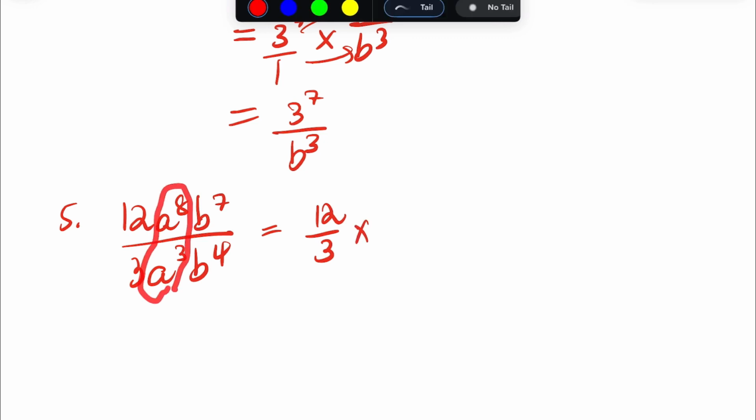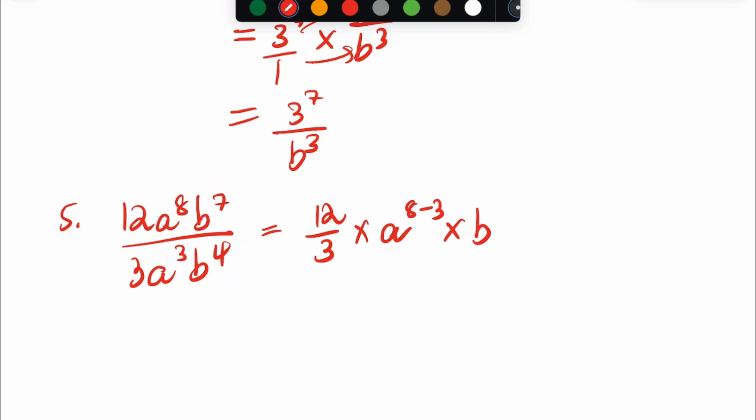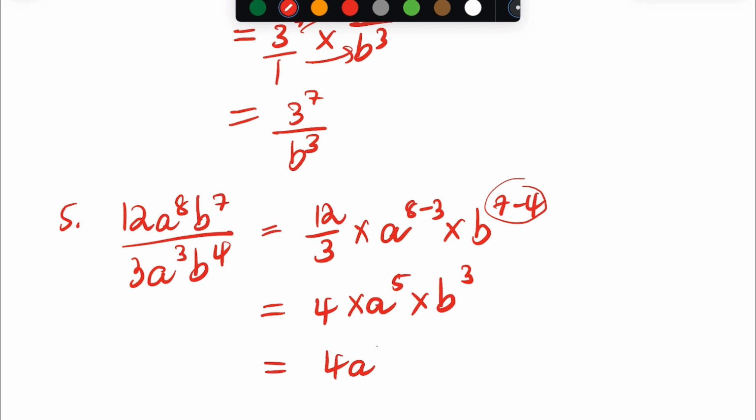We have a at the bottom and the a at the top. We'll take just one a, and then we'll say 8 minus 3, and then times. We focus on b now, and then we have b to the power 7 minus 4. So 12 divided by 3 is 4, times a to the power 5, times b to the power 3. So this will be 4a to the power 5, b to the power 3.